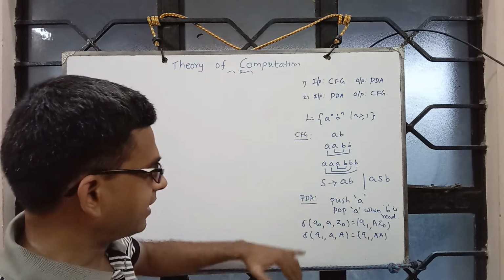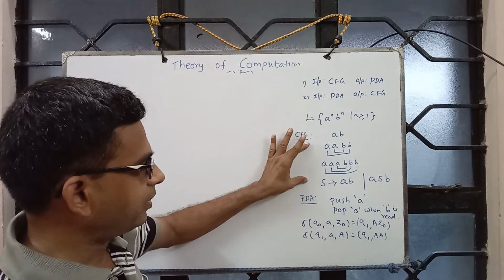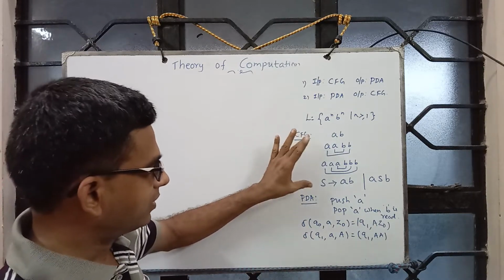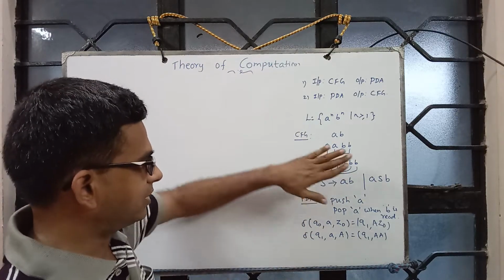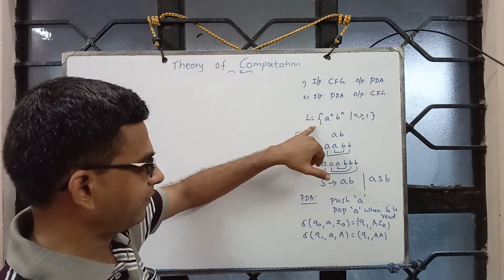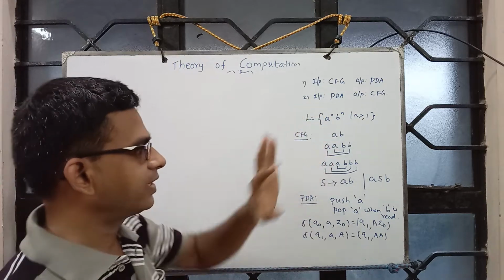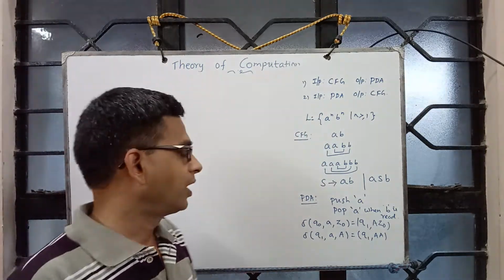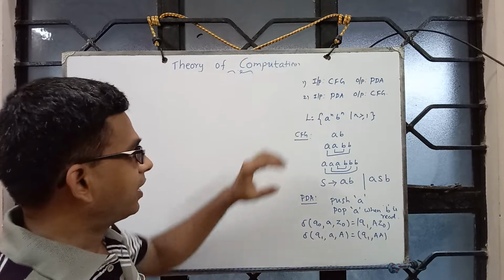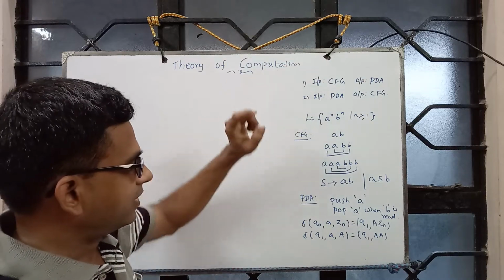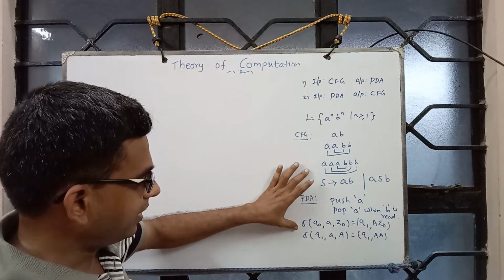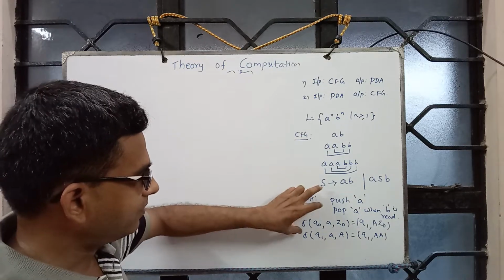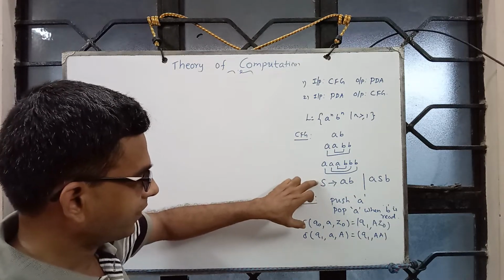But this PDA construction is independent of this CFG, and this CFG is independent of this PDA, but they are equivalent. This is also generating this language, and this is also generating this language. Now our question is: given this CFG, can we obtain a PDA?